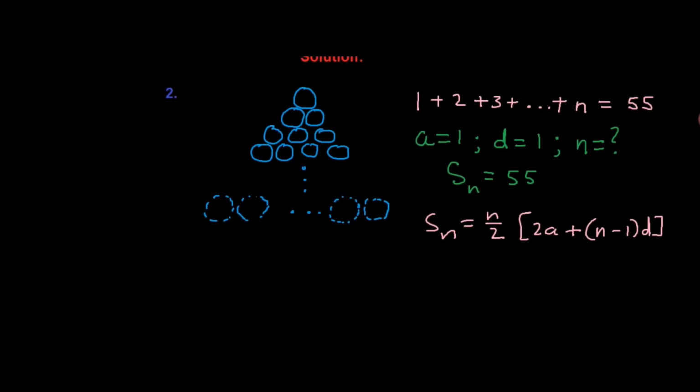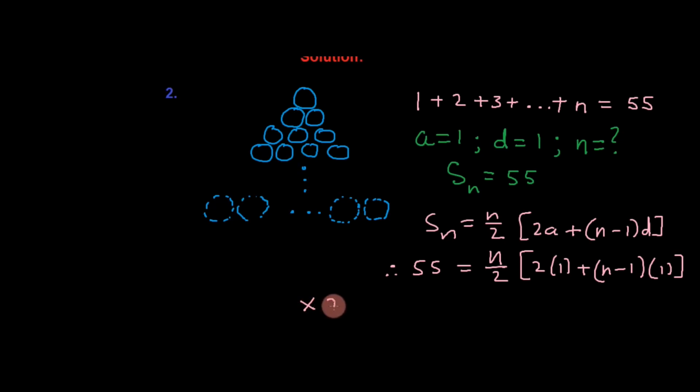And we can substitute in. We don't know n. D, of course, is 1. We can multiply through by 2 to get rid of the fraction here.